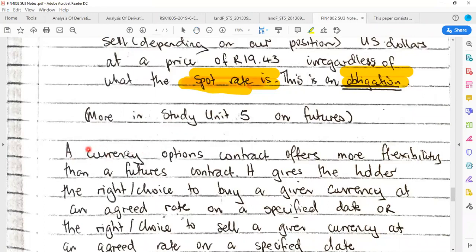And so, like I said, futures don't have flexibility, but there is an alternative. We also have what we call a currency option contract, right? A currency option contract offers more flexibility than a futures contract. It's exactly like a futures contract, but the only difference is that you actually have the choice, not the legal obligation, to buy or sell a given currency at an agreed rate on a specified date.